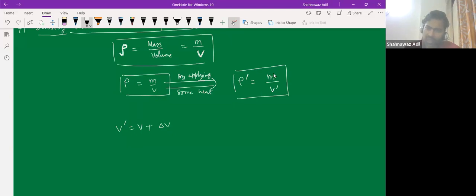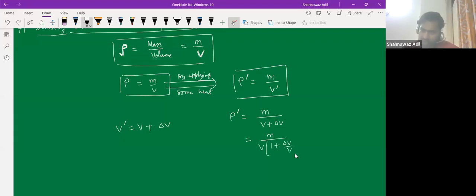And if I put this value in here, so rho prime would be M by V plus delta V, right? So I know that I can take this V common out, and it is 1 plus delta V by V, right?